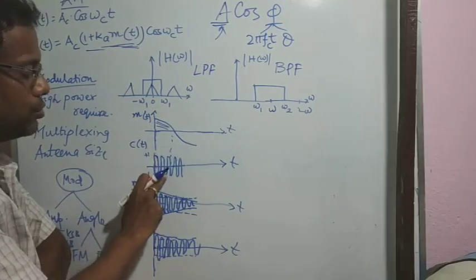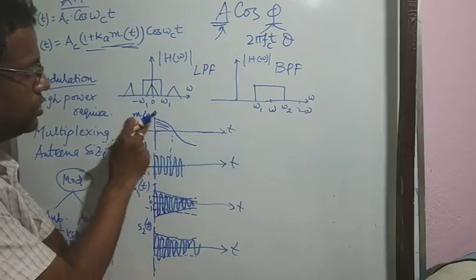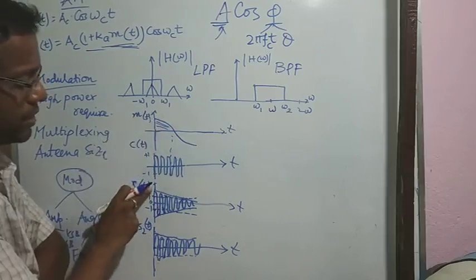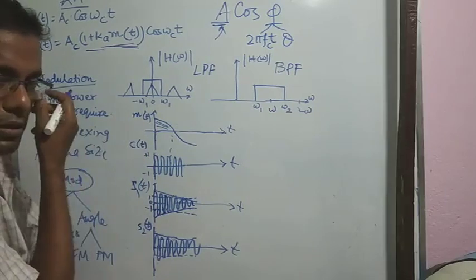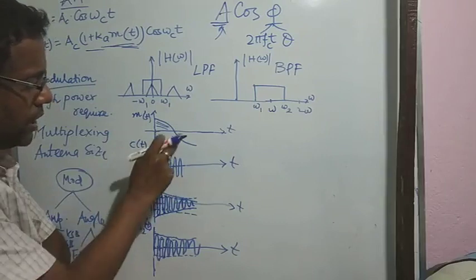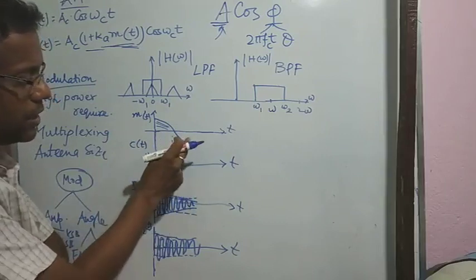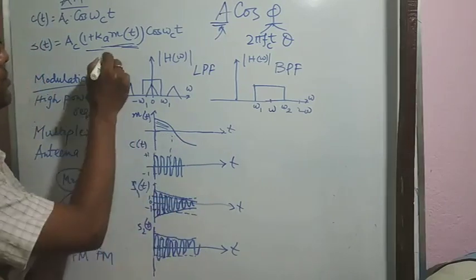The carrier amplitude will increase according to the message signal, with the highest amplitude at the initial instant, as m(t) has maximum value at t equals 0. You can easily draw it, and when the carrier is getting the negative side of the message signal, its amplitude will reduce.